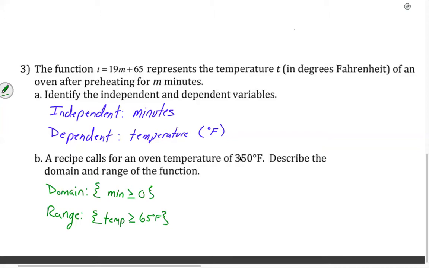Well, my oven can't be colder than my house. It's not the way it works. Okay? So those are my domain and range. It says a recipe calls for an oven temperature of 350 degrees. Well, how do I find that? Well, I'm going to take the 350 and I'm going to plug it in.